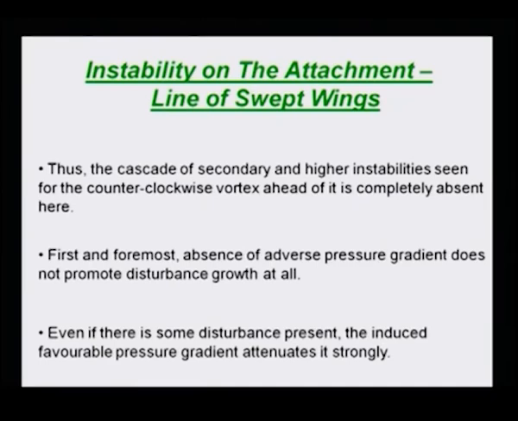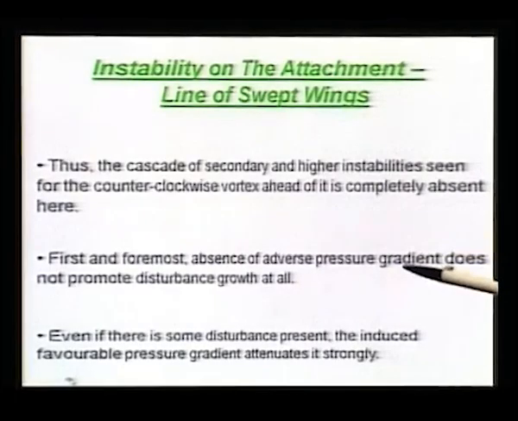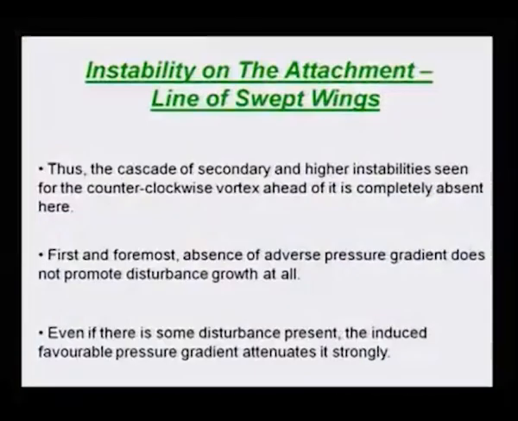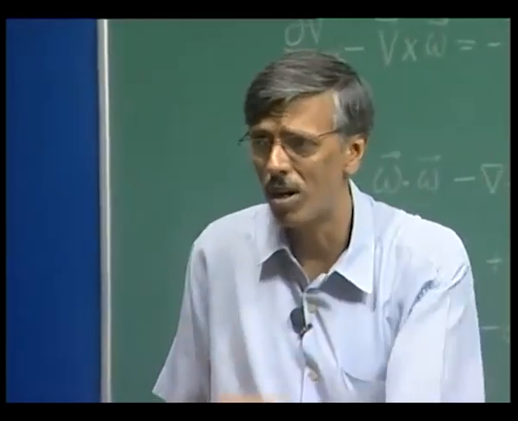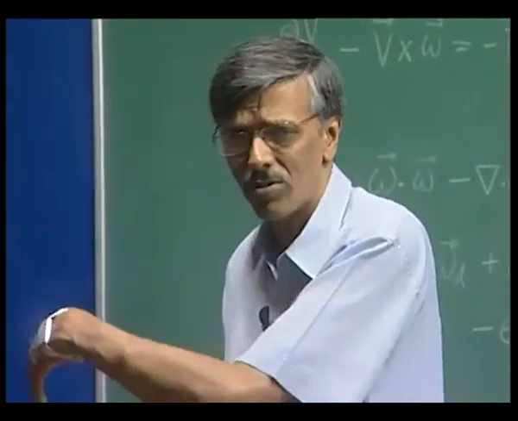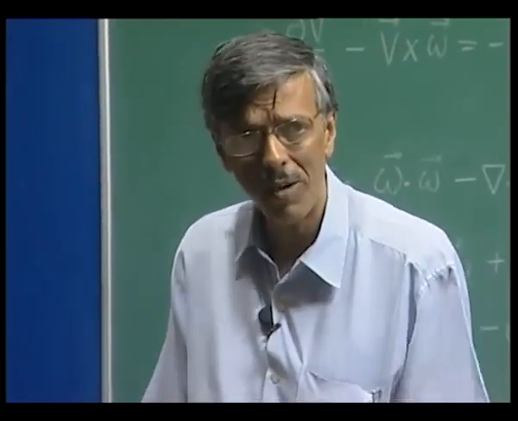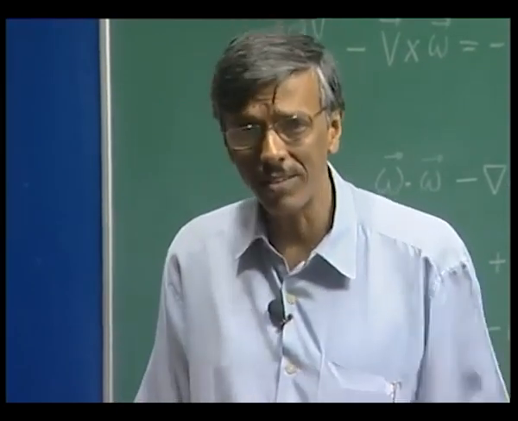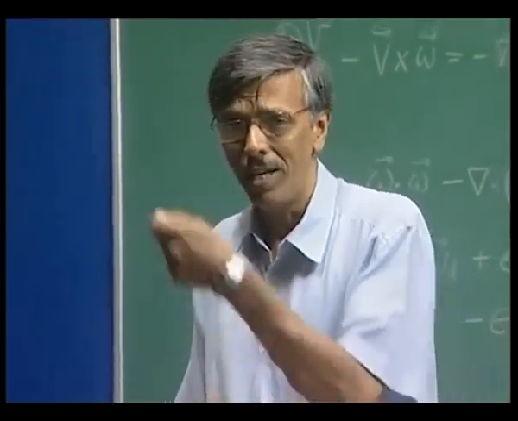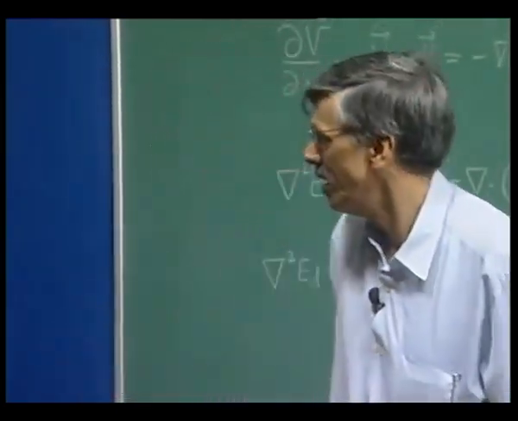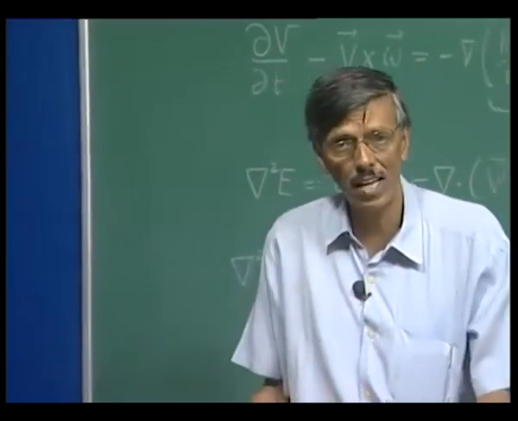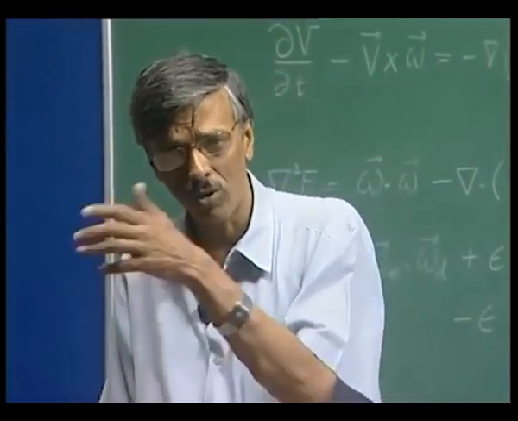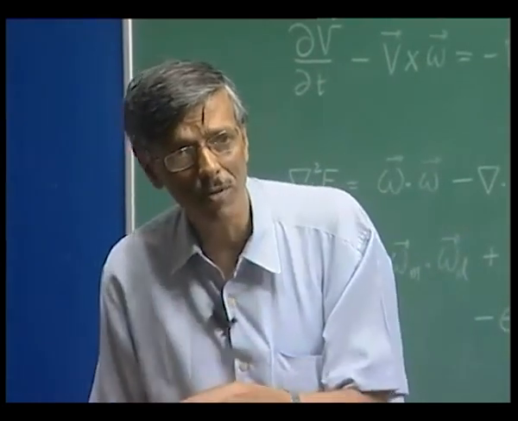Now, when we look at the clockwise rotating vortex case, we are going to see none of these secondary or tertiary instabilities that we saw for the counterclockwise case, because there everything was triggered by an adverse pressure gradient, and the cascade was accelerated because of this primary to give rise to secondary and tertiary. But here the scenario is completely different. Ahead of the vortex, for a clockwise rotating vortex, you are going to get a favorable pressure gradient.